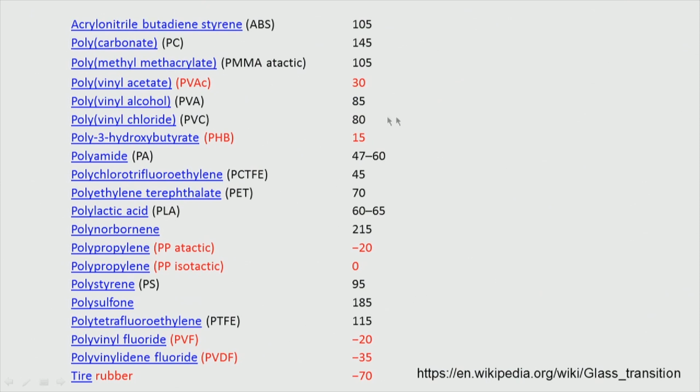So there is a lot of difference between the Tgs. Above the Tg it becomes soft and rubbery, below the Tg it becomes hard and brittle like glass. You can measure Tg using a DSC; the phase change can be nicely seen in the DSC.